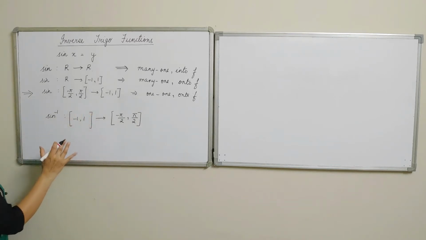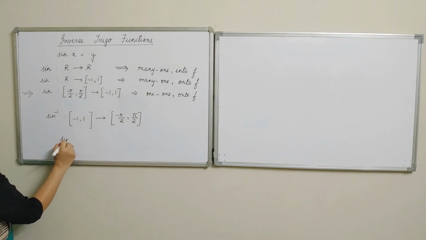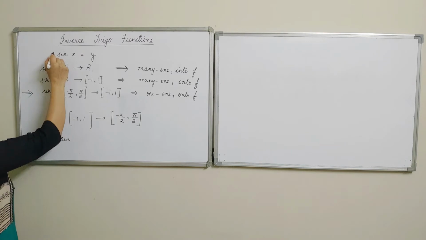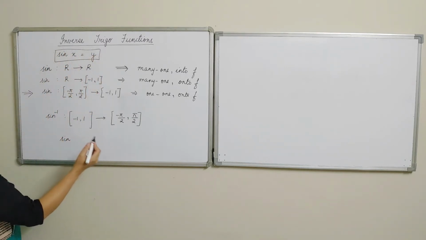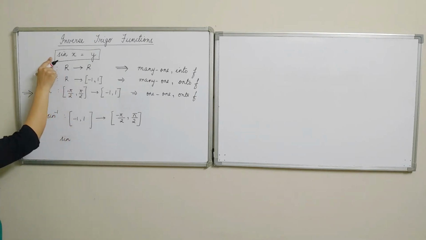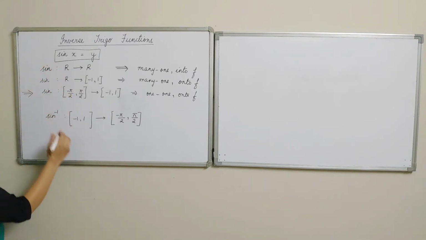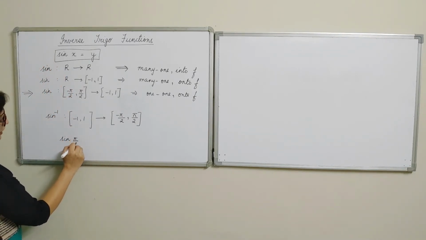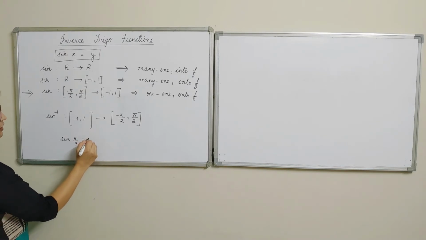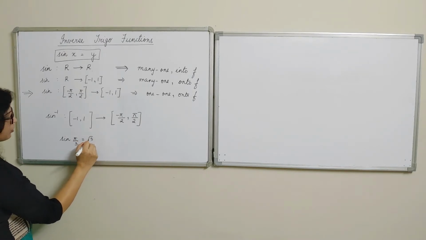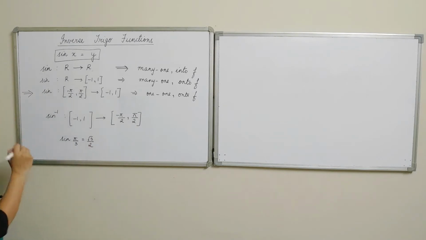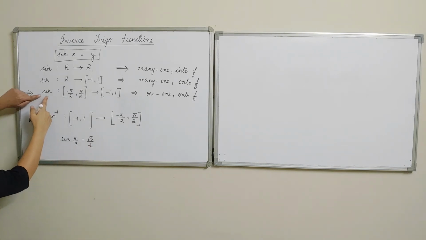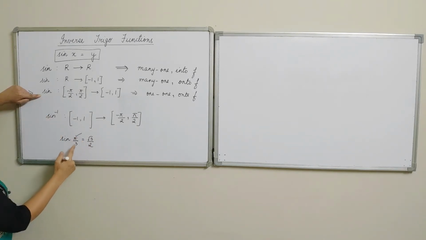To have a clear picture of this, let's take an example. Considering this equation only, putting some values of x and finding out the corresponding y. So here what we are looking at is the sine function. I'm taking here sin of pi by 3 radians, and the value is root 3 by 2. So you can check here that in this sine function, this is the domain of the function.